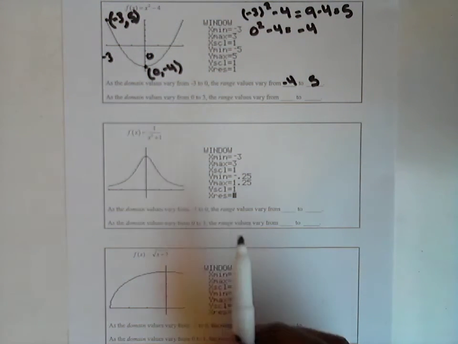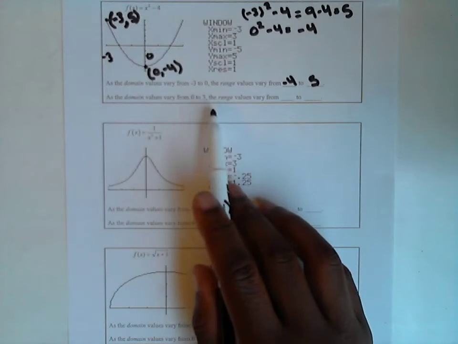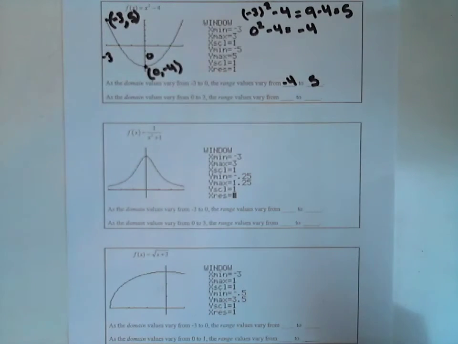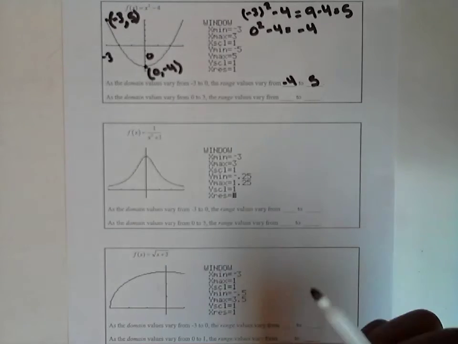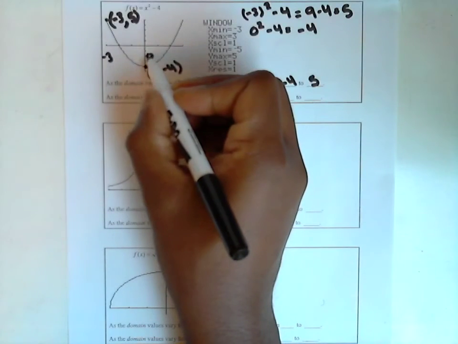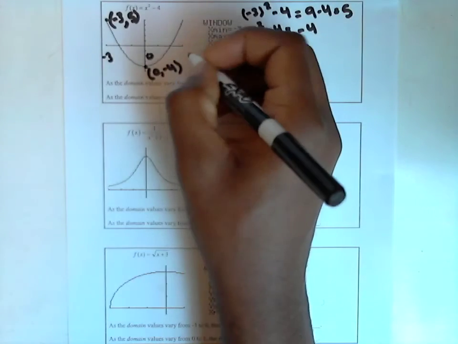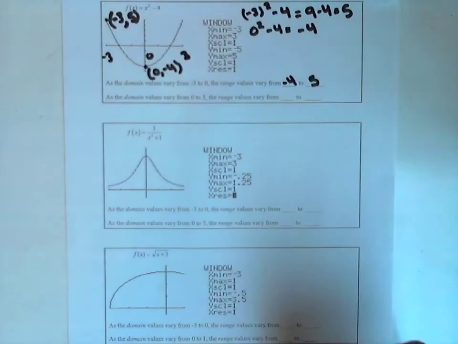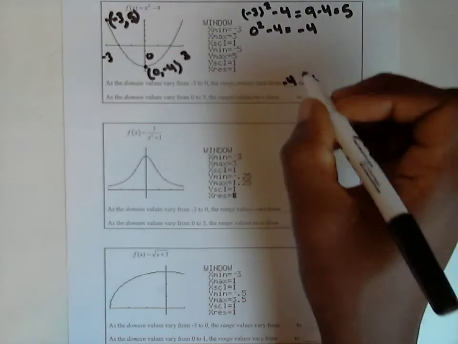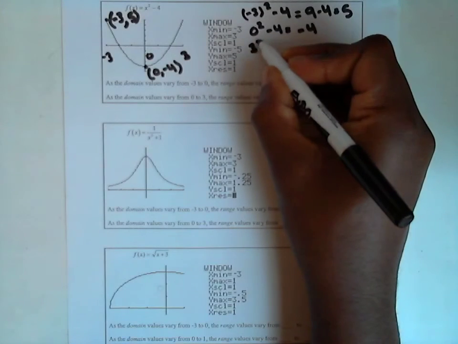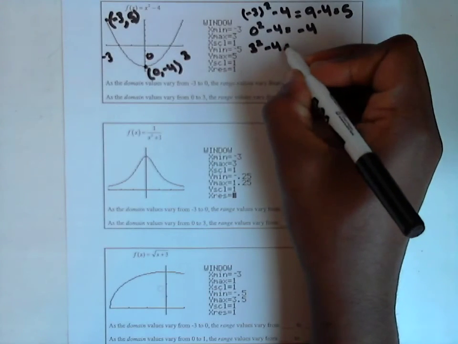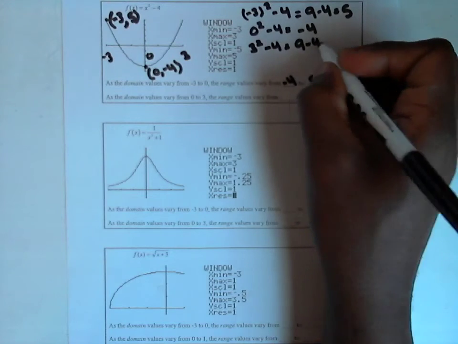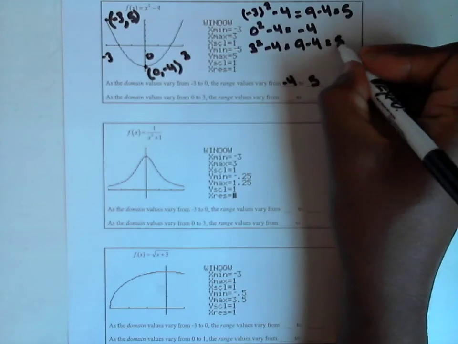Now the second question is, as the domain values vary from 0 to 3, the range values are. So again, we've got a similar situation where our x is going from 0 all the way to 3. Now to do this, it's the same thing. We just put our values in, so we know 3 squared minus 4 equals 9 minus 4, which equals 5.